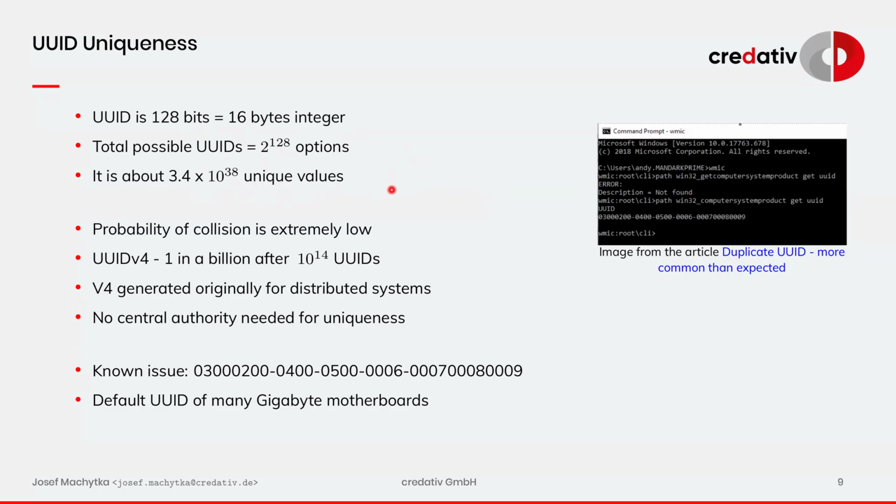So yeah, this is really a huge number. So the probability of collision is extremely low, and Wikipedia calculates that for UUID version 4, the probability of collision is 1 in a billion after generating 10 to the power 14 UUIDs. Again, this is practically zero for our real-life systems.